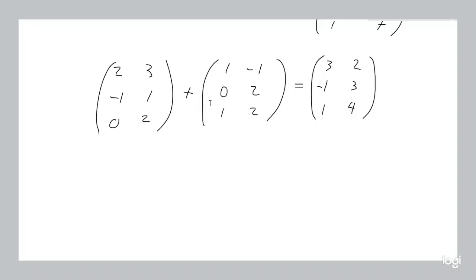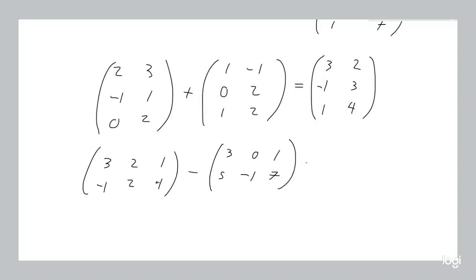Matrix subtraction works the same way, except you are subtracting the components, right? So let's say you have 3, 2, 1, -1, 2, 4, and you're subtracting the matrix 3, 0, 1, 5, -1, 7.